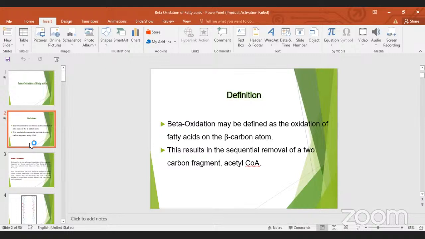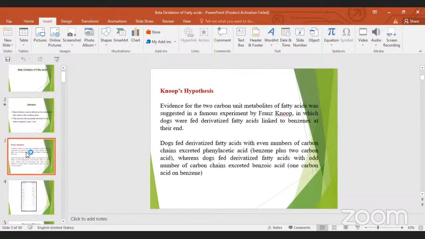Here, the main thing in beta oxidation is the carbon atom, the carbon to which the oxidation is attached. Coming to the next one: Knoop's hypothesis. The scientist Knoop proposed a hypothesis of fat metabolism, which is the evidence for a two carbon structure, that two carbon units are the metabolites of fatty acids.